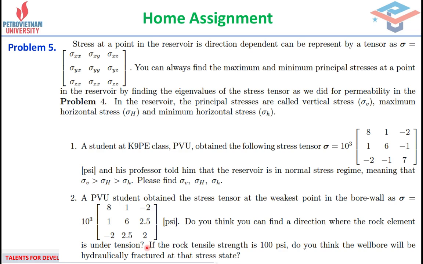To do this one, basically you need to find the principal stress. And the smallest, if it is negative, then it is under tension. And if the value is smaller than 100, then likely the wellbore will be fractured. This is a problem that you will be seeing quite a lot in wellbore stability analysis.